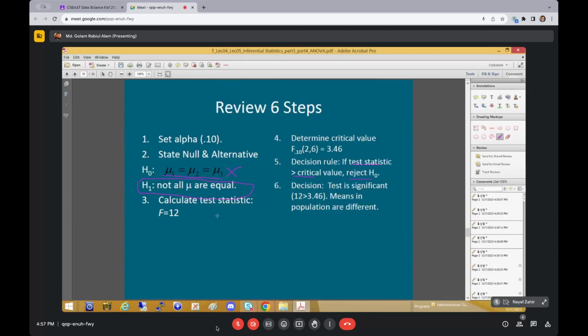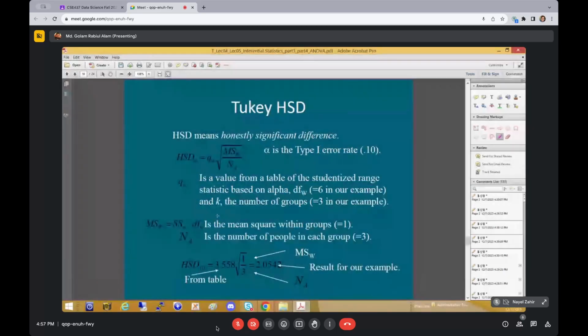Now we have to find out which one is actually better, and for that we have to extend our ANOVA test and apply the Tukey HSD test. Tukey HSD means honestly significant difference.